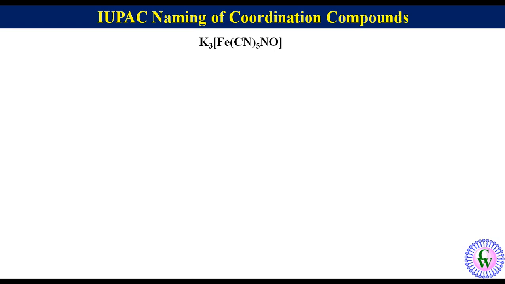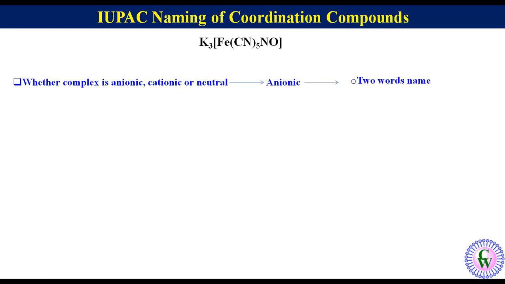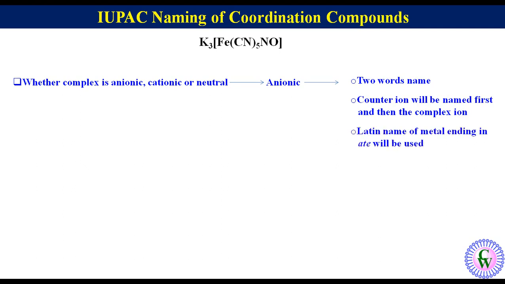K3[Fe(CN)5NO]. Find out whether the complex is anionic, cationic or neutral. This is an anionic complex because the counterion outside the bracket is potassium, which is a cation. So it will have a two-word name. The counterion will be named first and then the complex ion. The Latin name of the metal ending in -ate will be used, which is ferrate in this case.